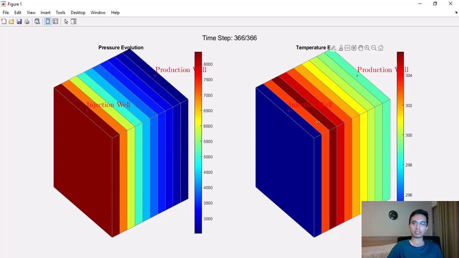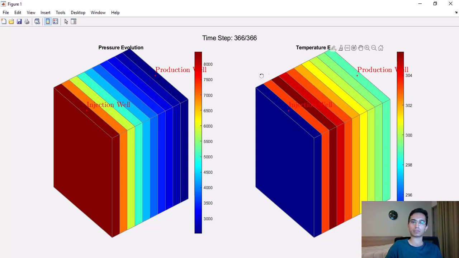And that temperature increase is observed here, but ultimately the effect of the injected cold fluid is shown here. And as you see, the temperature of the fluid has dropped from 300 Kelvin to this value. And as you see, it has also increased to about 305 Kelvin because of the pressure increase.